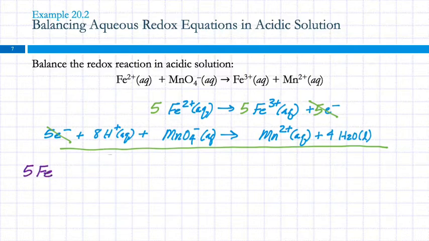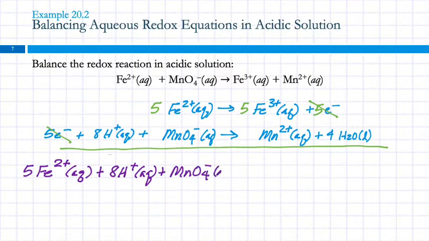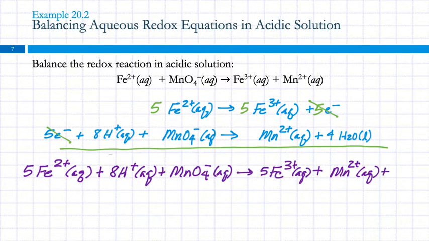So 5 Fe2+ aqueous plus 8 H+ aqueous plus MnO4- aqueous gives me 5 Fe3+ aqueous plus Mn2+ plus 4 H2O.